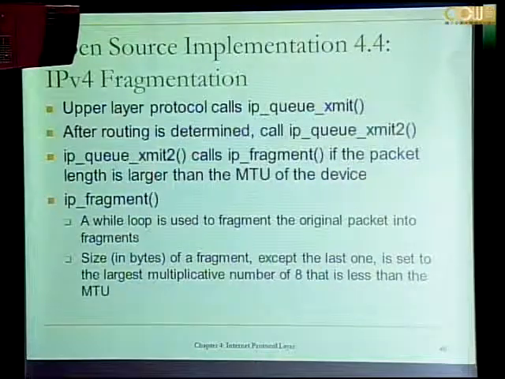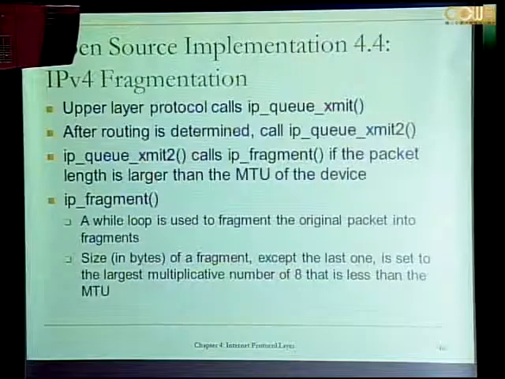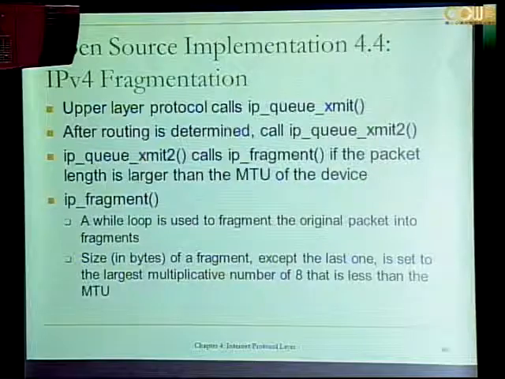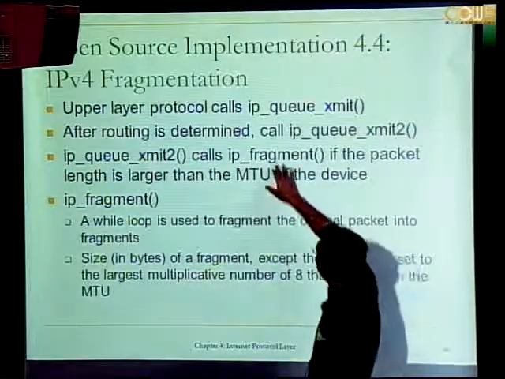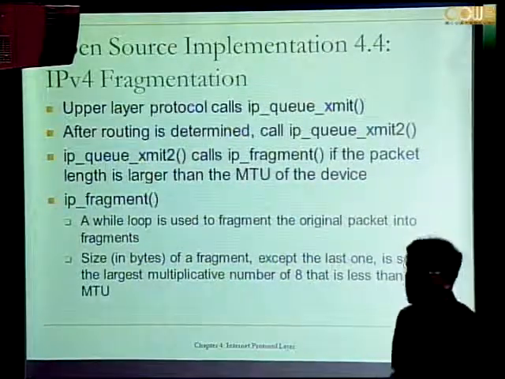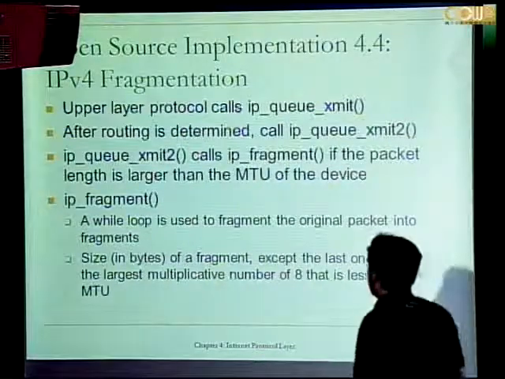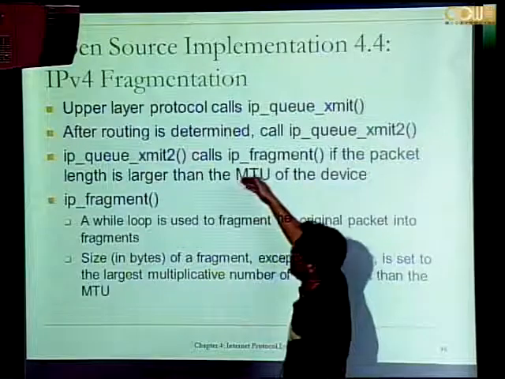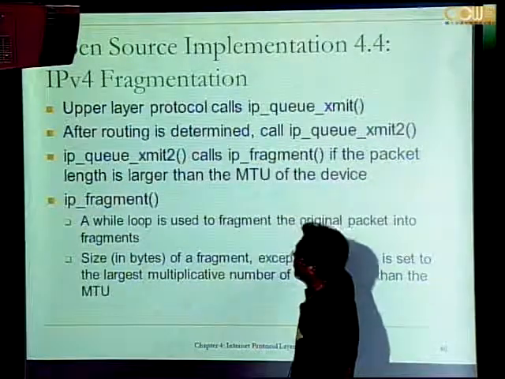The upper layer calls IPQ transmit, and then after the routing is determined, it calls IPQ transmit 2, and then IPQ transmit 2 would call IP fragment if the packet length is larger than the MTU of the link. Okay, so it's a conditional. Conditionally, if the packet length is larger, then this function IP fragment will be called.